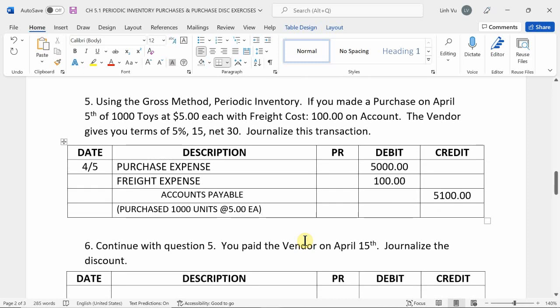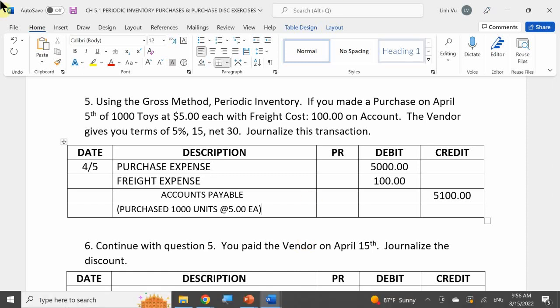So in this case, it is now April 15, and I'm making a payment. If they gave me terms of a 5% discount within 15 days, did I meet the discount due date or did I miss it? You made it.